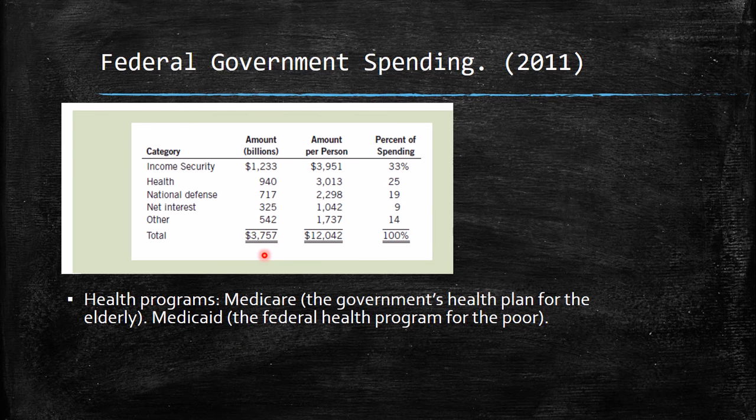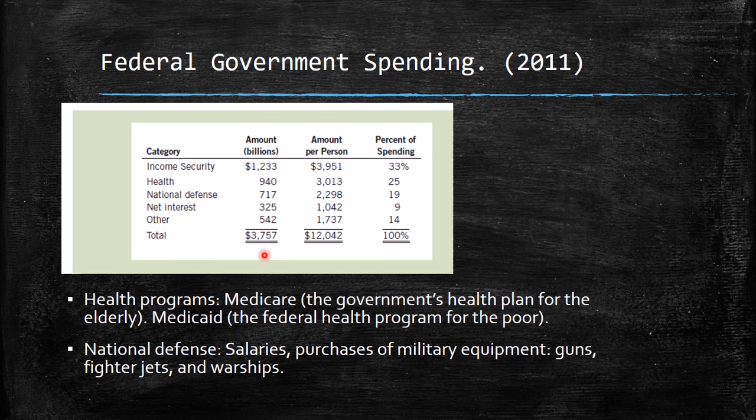And here we have the other part, which represents 25% of the total spending for the federal government. Those are the health programs. It is Medicare, basically the government's health plan for the elderly, and the other one, Medicaid, is basically the federal health program for poor people. So these two represent the health programs with 25% of the total.